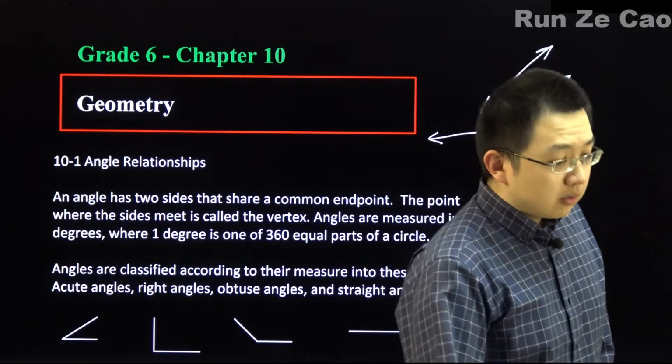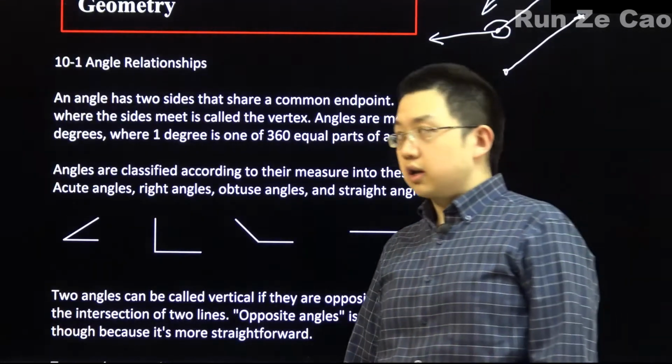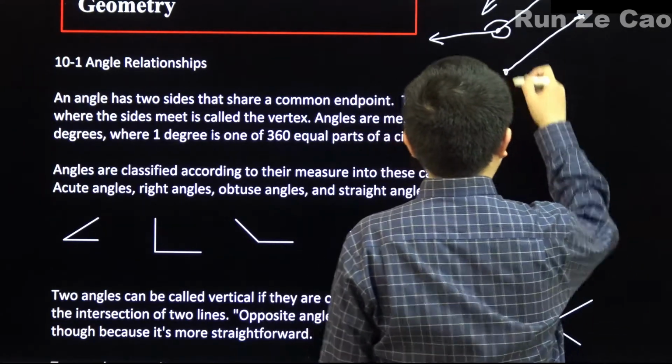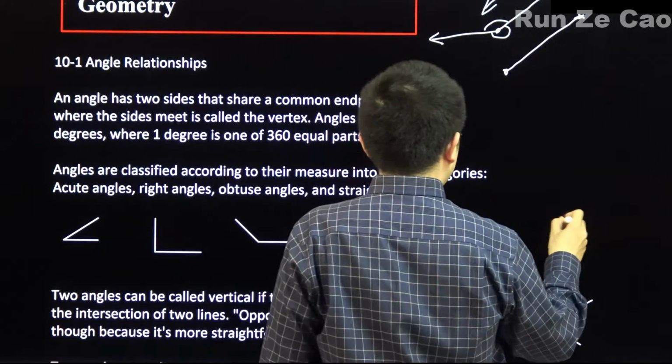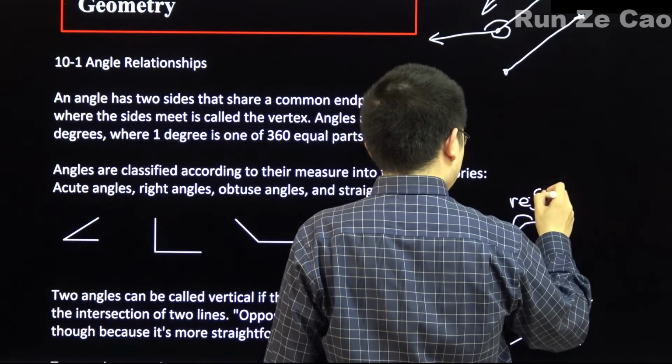So for our purposes, we measure the smaller one generally. If you measure around the outside, that would be a reflex angle.